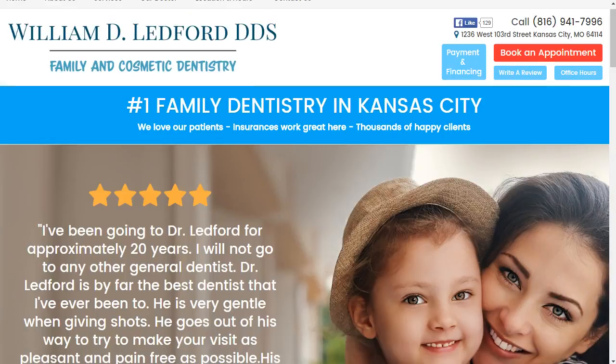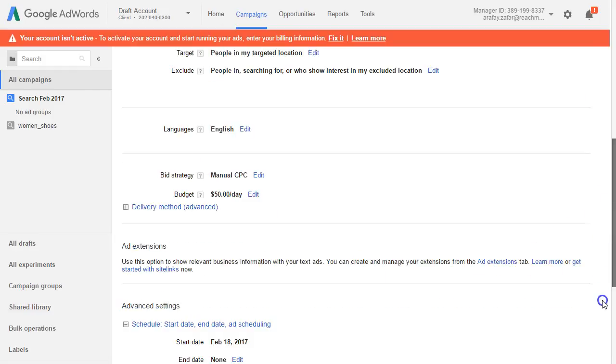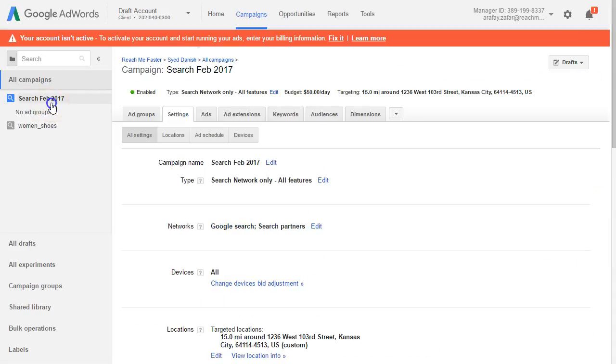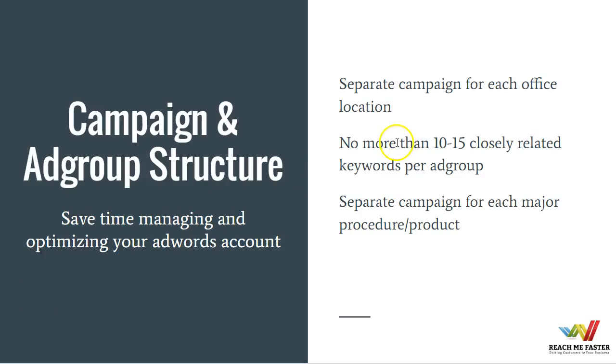Within a campaign, let me take you back to the AdWords account, you have some ad groups. Right now we have not created any ad groups, but before creating them, I just wanted to emphasize that you should not include more than 10 to 15 closely related keywords per ad group.